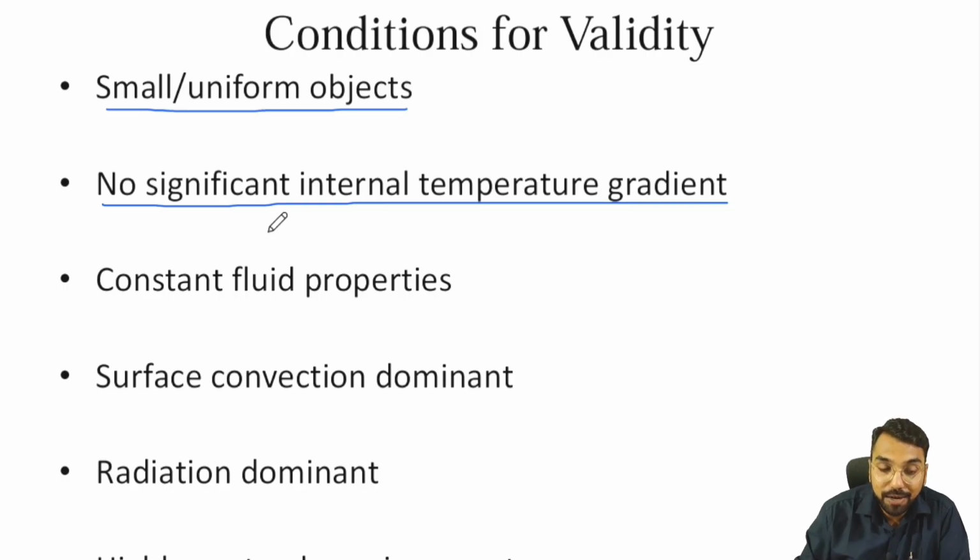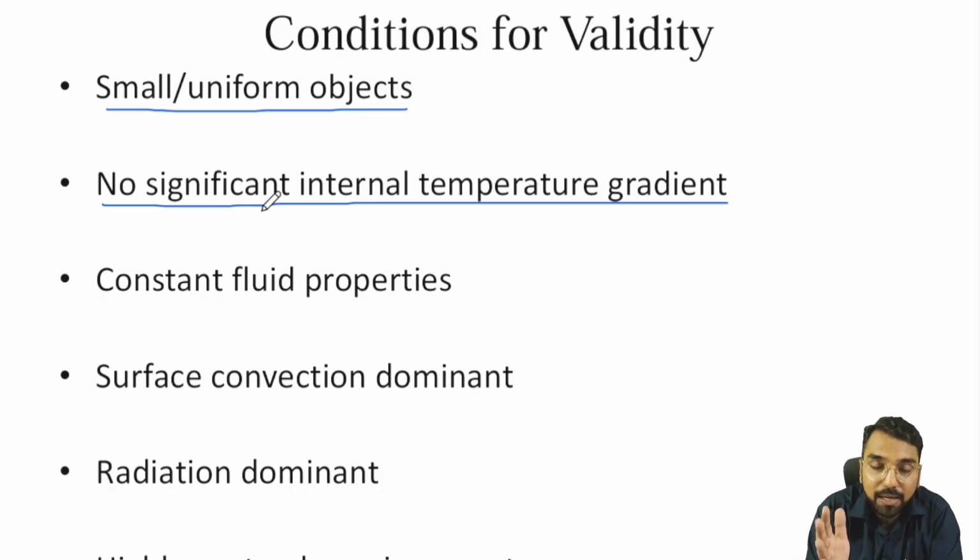As in the case of conduction, in Newton's law of cooling there is no significance of internal temperature gradient. Why is it so? Because convection heat transfer is governed by Newton's law of cooling, and in convection we do not take internal temperature gradient into consideration. Internal temperature gradient is considered in the case of conduction heat transfer.